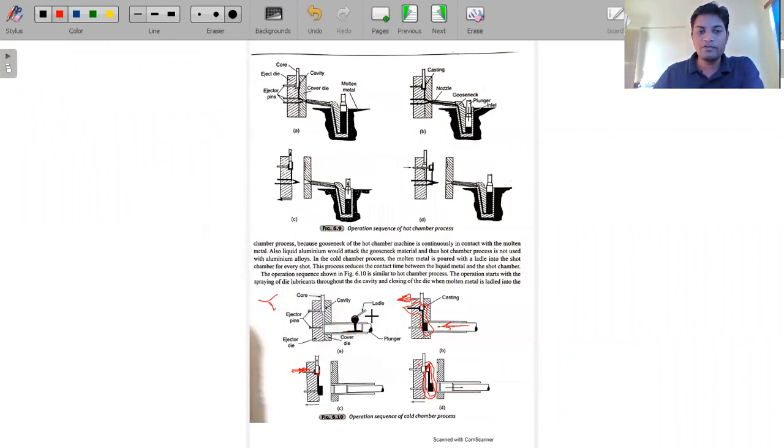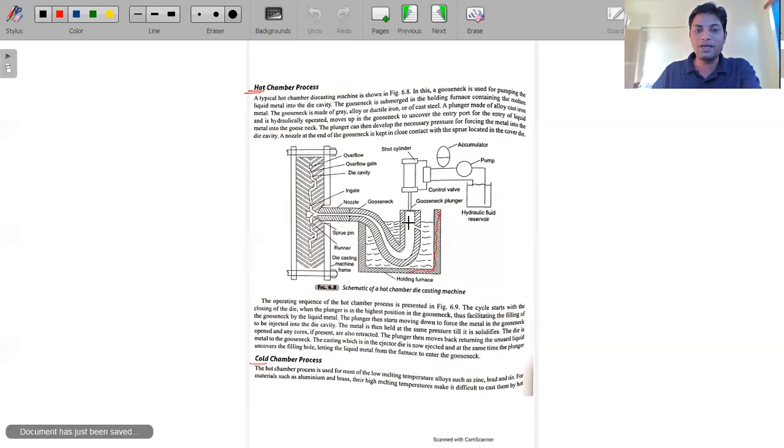We first fill the molten material from the furnace into the ladle, and then from the ladle into the cylinder. Here, if you see, this white color hollow section is basically the pipe only. Here we have provided the furnace also, this is a holding furnace.